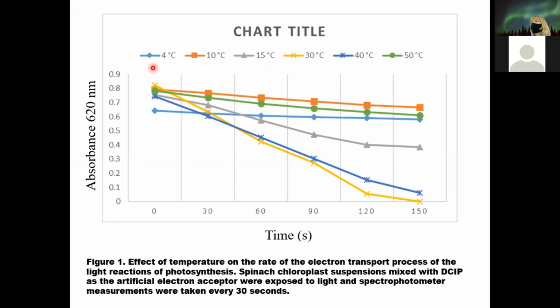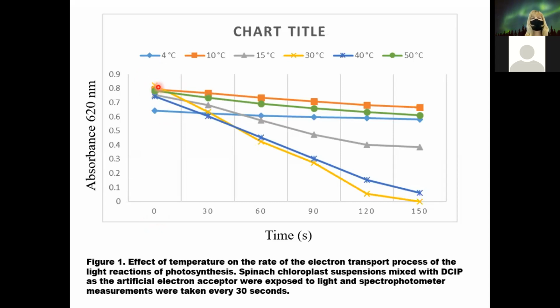So when you graph out your data, you're going to have something like this, where you have many lines on one graph, so you can compare what's happening with your different manipulations. As you start out at time 0, you probably will see some different absorbance values. They're not all going to be the same, but that's okay.